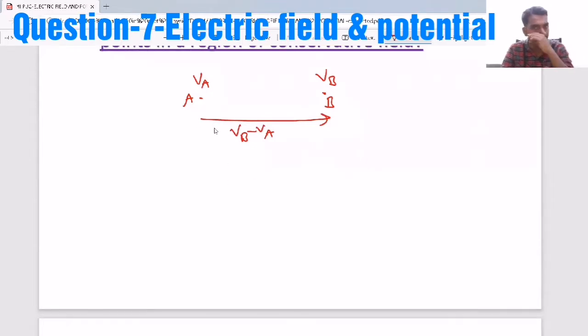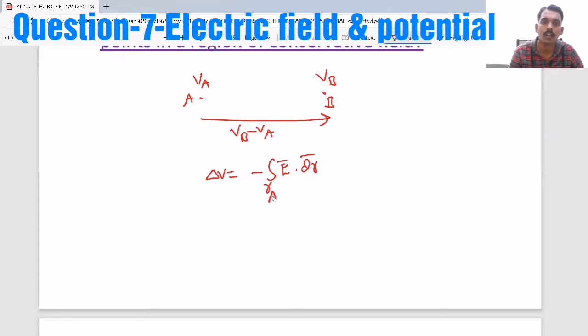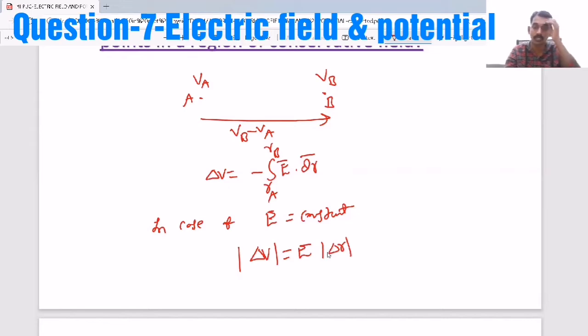Then this potential difference delta V equals minus integration E bar dot dr bar from RA to RB, from initial position to final position. And in case of constant or uniform electric field, delta V magnitude will become E into delta R. So this is the relation between electric field and the potential difference between 2 points.